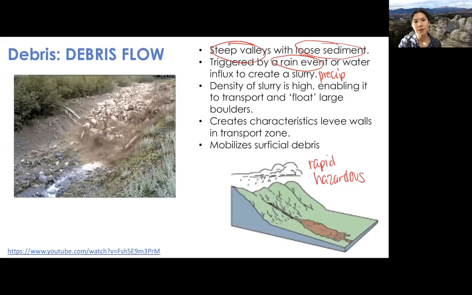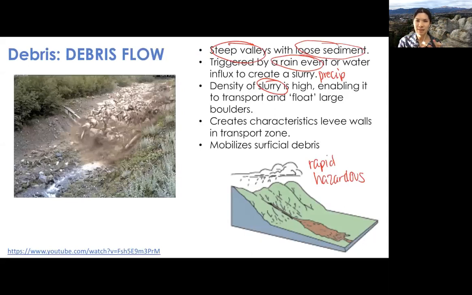So the debris flow is going to, through the water, transport soil and mobile bits of the regolith, which creates what's called a slurry. So rather than this being water mixed with soil, this actually becomes a new fluid that is a mixture of water and soil.